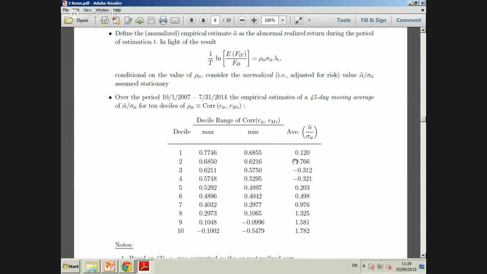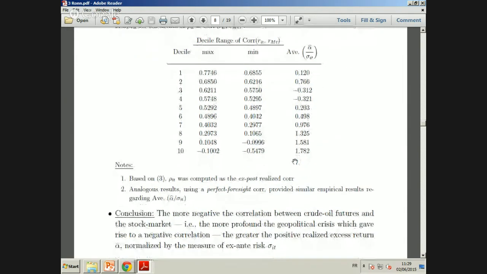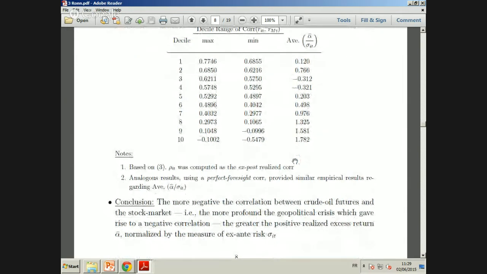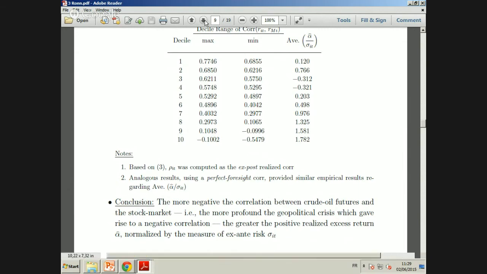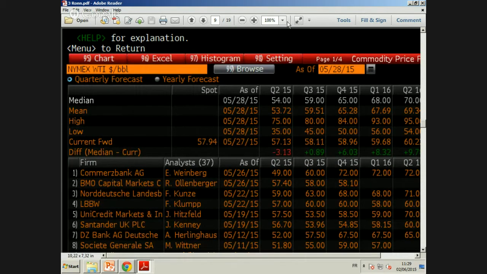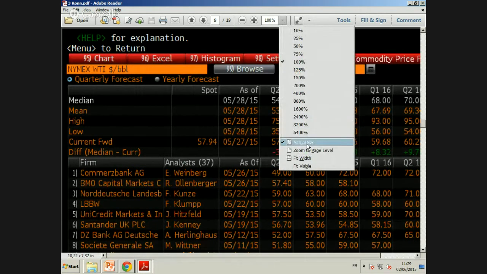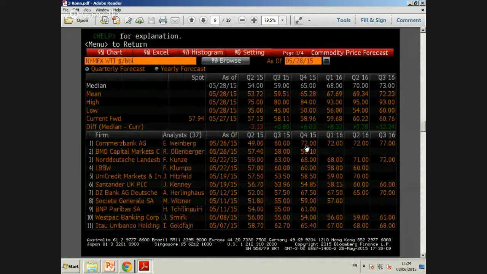So that's one measure of the sign of the correlation: the more negative the correlation, the more you've had a run-up in prices. The other way I'd like to show you this is in terms of a measure of expectations, and we could debate whether this is true expectations or not.